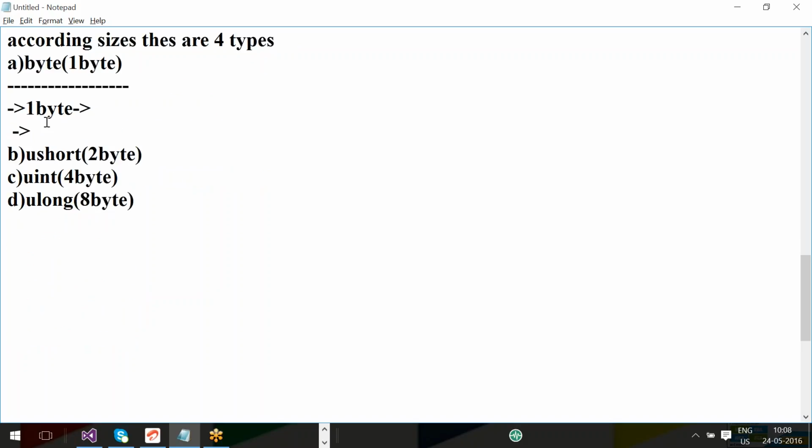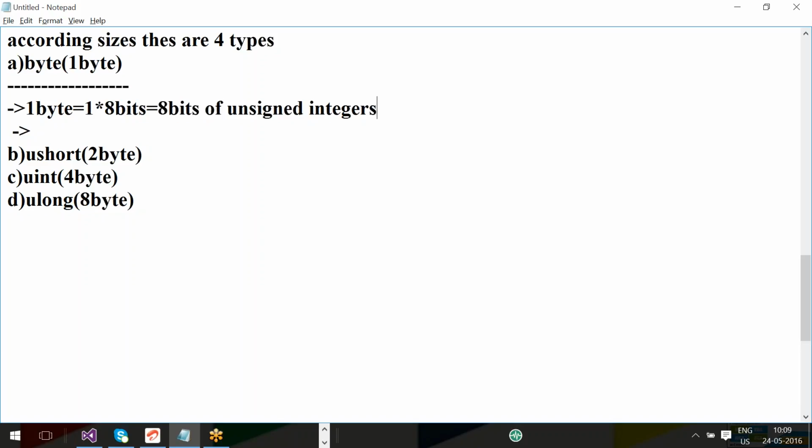Now, the predefined size is 1 byte, 1 into 8. 1 byte equals 1 into 8 bits, so here it can accommodate 8 bits of unsigned integers. S byte is also 8 bits, but that is signed integers.